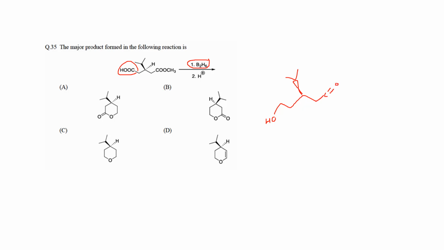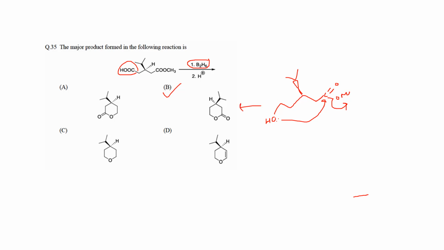After that, it will react with this internal ester moiety and remove the OMe from the system, and as a product we will get B as our product.